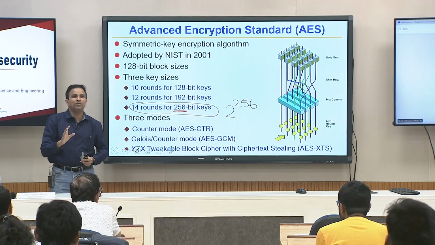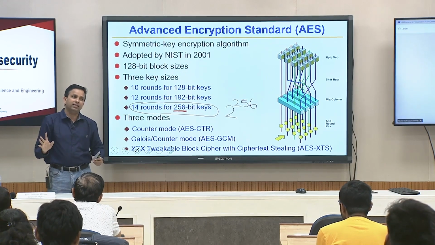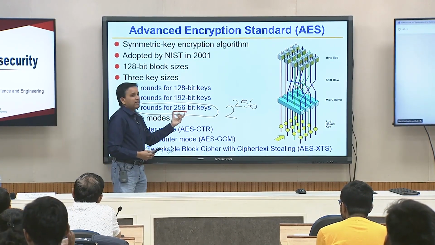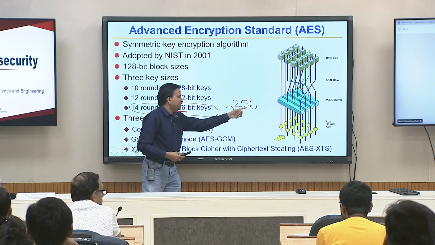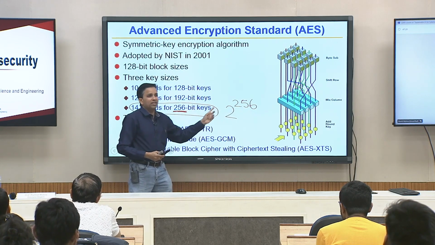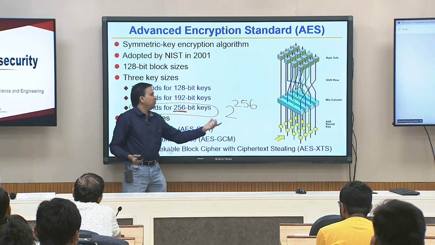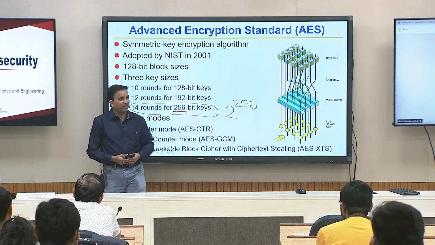Okay, that is the answer, 2 to the power 256, because in any algorithm in the security domain, the assumption is you know everything except the key. The only thing you do not know is the key, and it has 256 bits. So, if you try all 2 to the power 256 combinations, then one of them has to be the key, there is no other way. So, this is the brute force, and if you look at this number, it is not doable in any meaningful time.